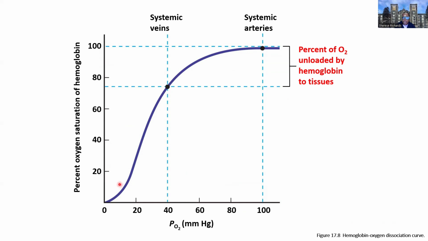If we think about the systemic veins, they're at 75% saturation, having 3 out of the 4 oxygen molecules present on that hemoglobin. Between our systemic veins, where we have 40 millimeters of mercury as our partial pressure, and our systemic arteries, where we have 100 millimeters of mercury and all four oxygen sites bound, we can see the loading and unloading area for our hemoglobin molecule.